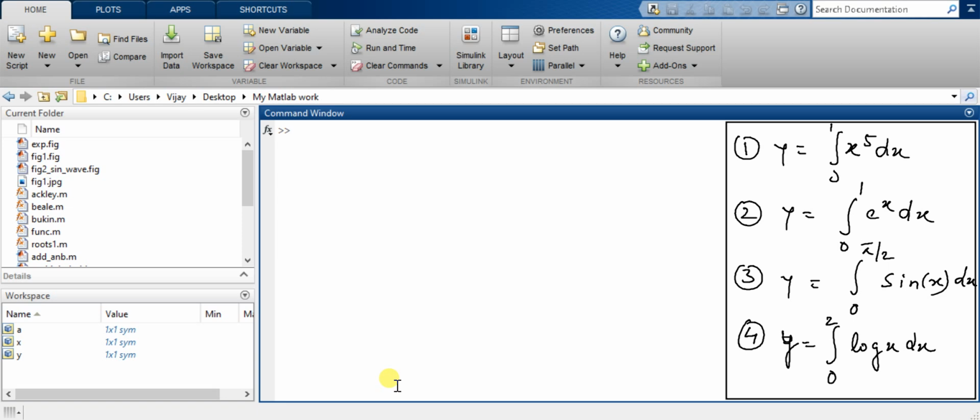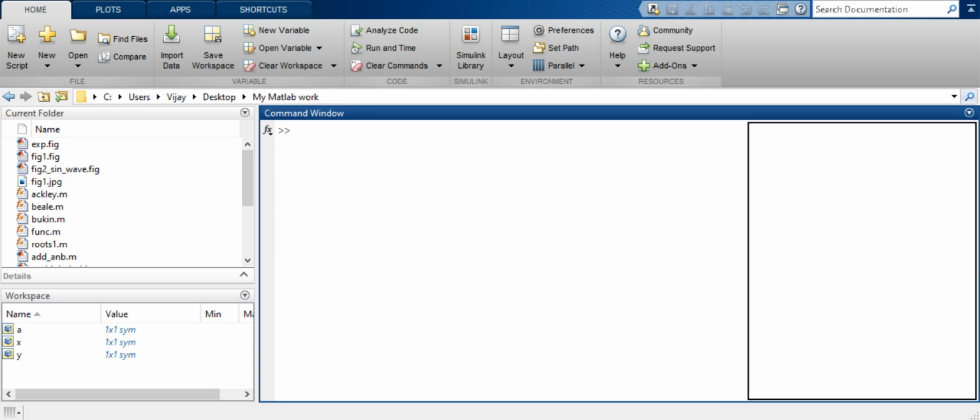Let's take the solve command, used in symbolic mathematical operations. Now there are two forms of the solve command for solving any symbolic expression.